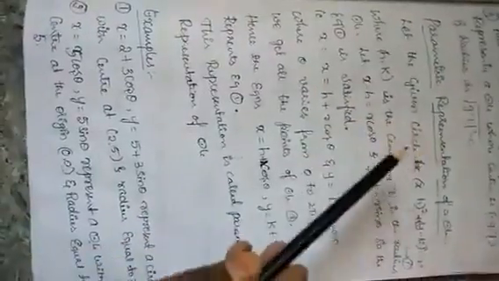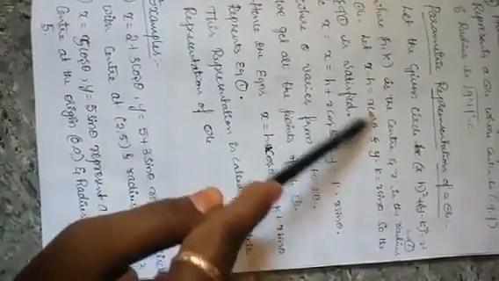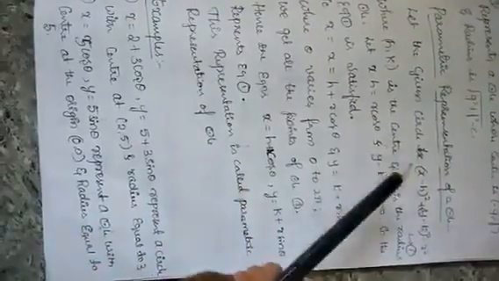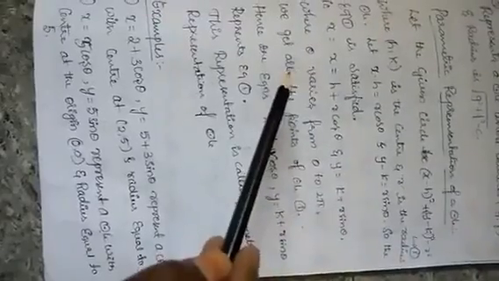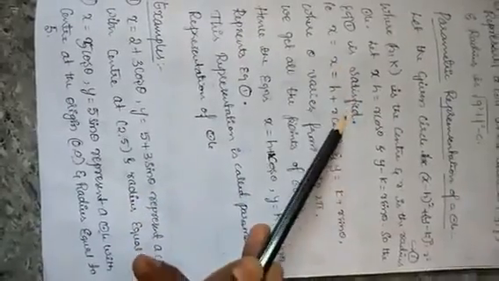To find the parametric representation of a circle, let us consider this equation: x minus h is equal to r cos theta, the parametric equation. Then y minus k is equal to r sin theta. You already studied this in the previous sections, so that the equation is satisfied.